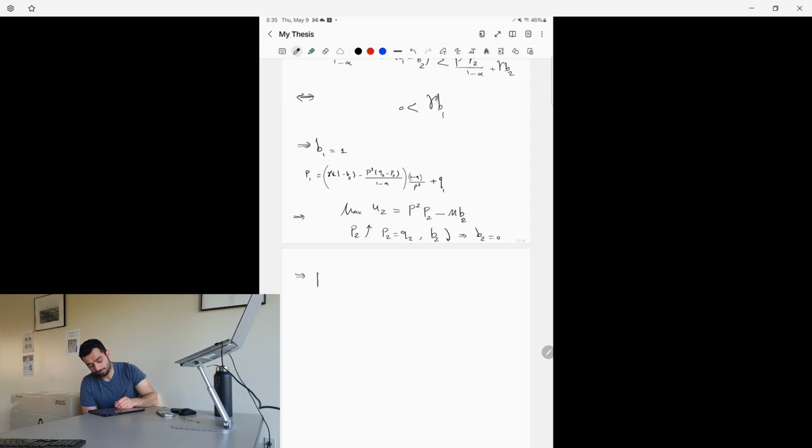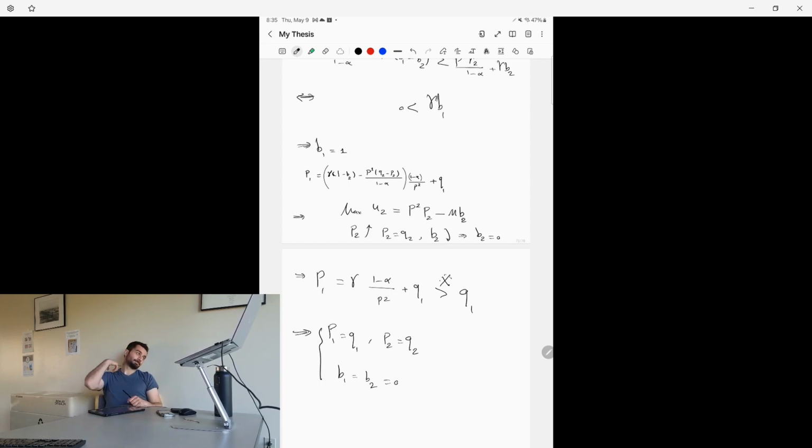Then P1 will be gamma plus 1 minus alpha over P2 plus Q1, which is greater than Q1 and wrong. Then we will have P1 as Q1, same thing, P2, Q2, and so that's the equilibrium.